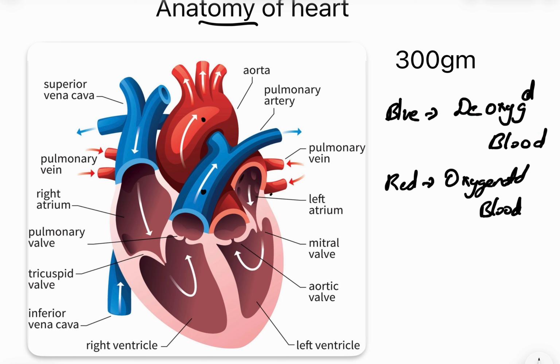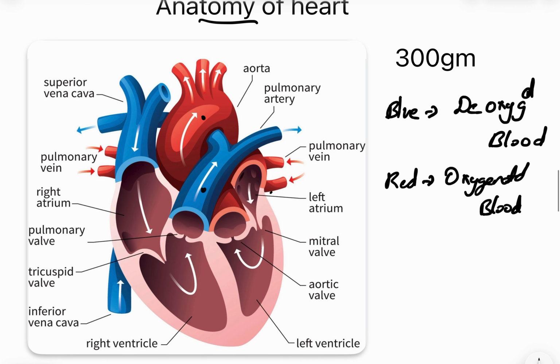Actually, the blood is only one. We have red color blood. But to be honest, oxygenated blood in the arteries is bright red in color, and deoxygenated blood is dark red in color.